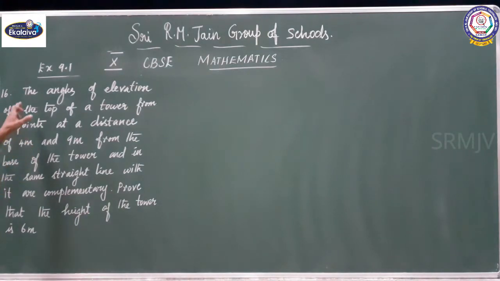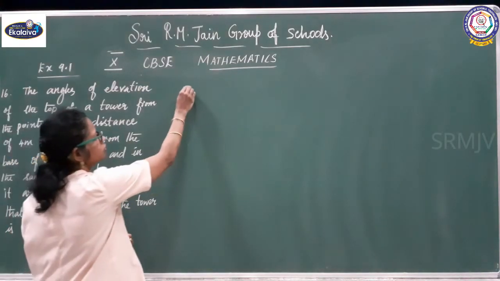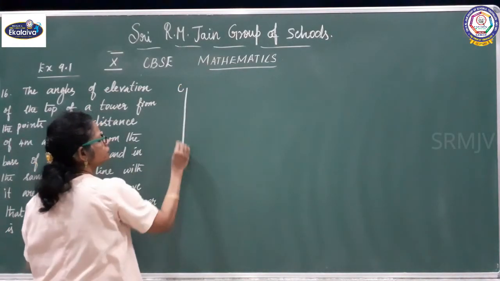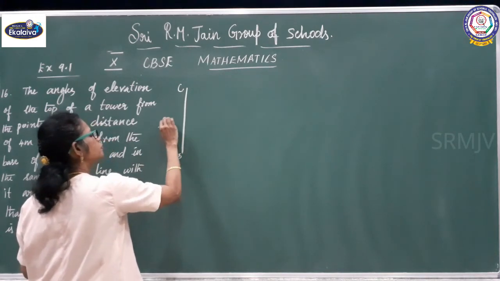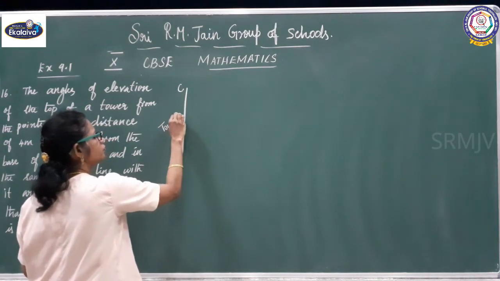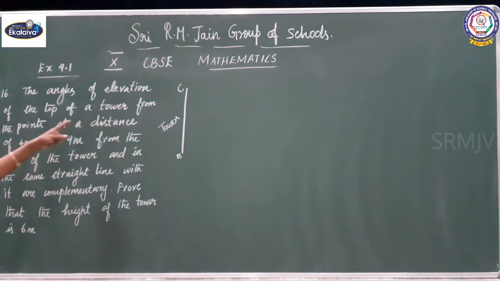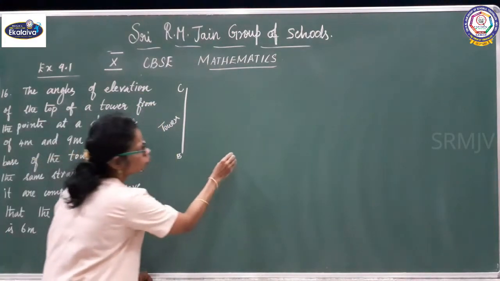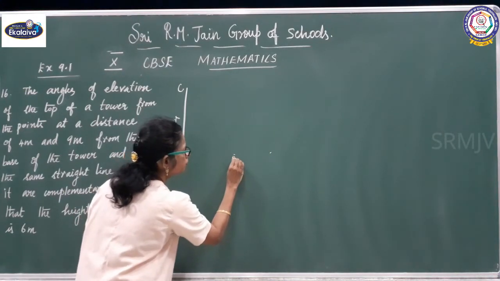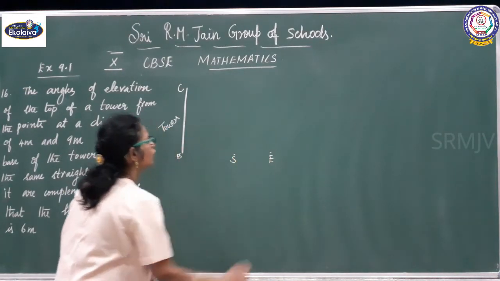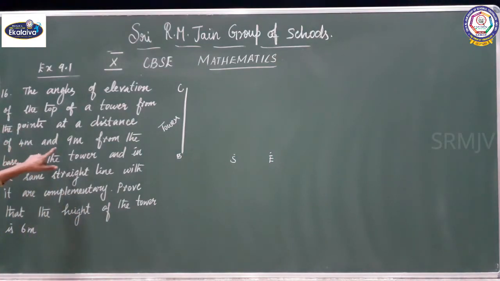Question number 16. The angles of elevation of the top of a tower from the points at a distance of 4 meter and 9 meter from the base of the tower. This is our tower. What is given, you see, from the 2 points, one is 4 meter and 9 meter from the base of the tower.